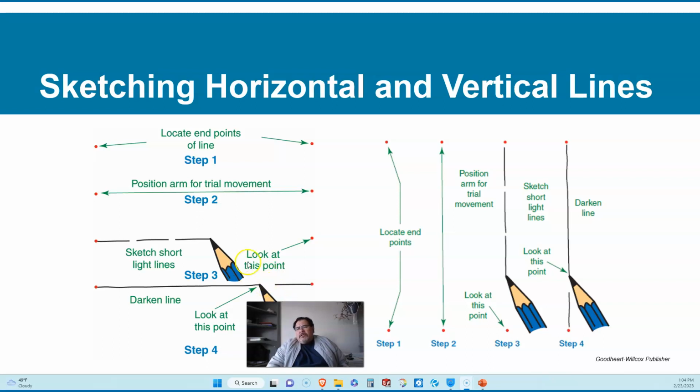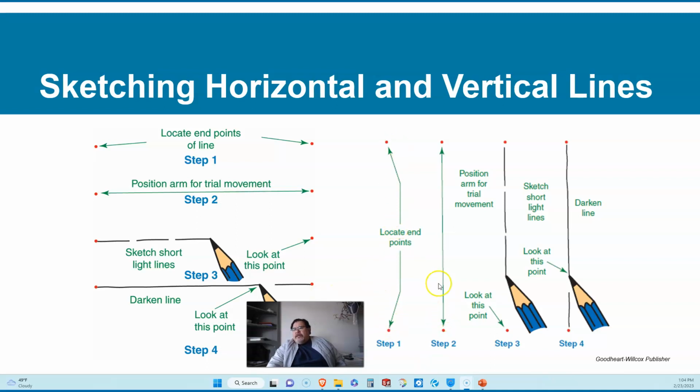These 2 pencils could be different pencils. This could be the hard pencil in step 3 that's drawing a lighter line. And then in step 4, you have the darker, softer pencil that connects all these lines, and you trace right over the previous line. Same thing in vertical.